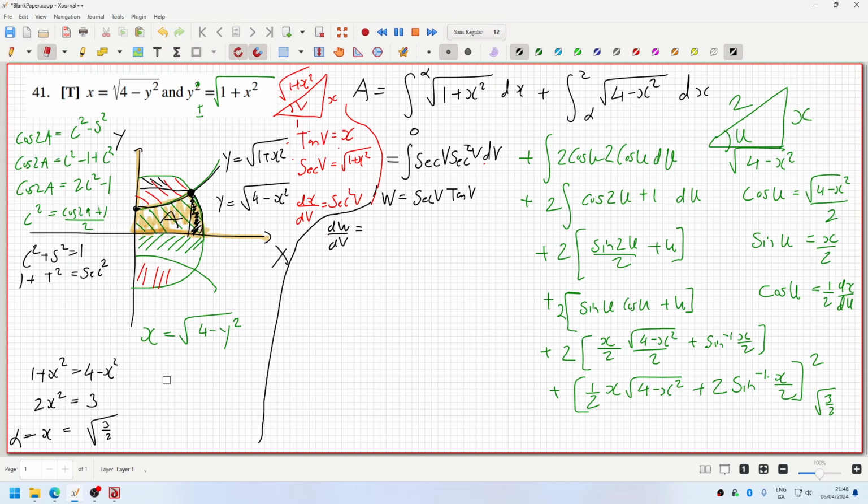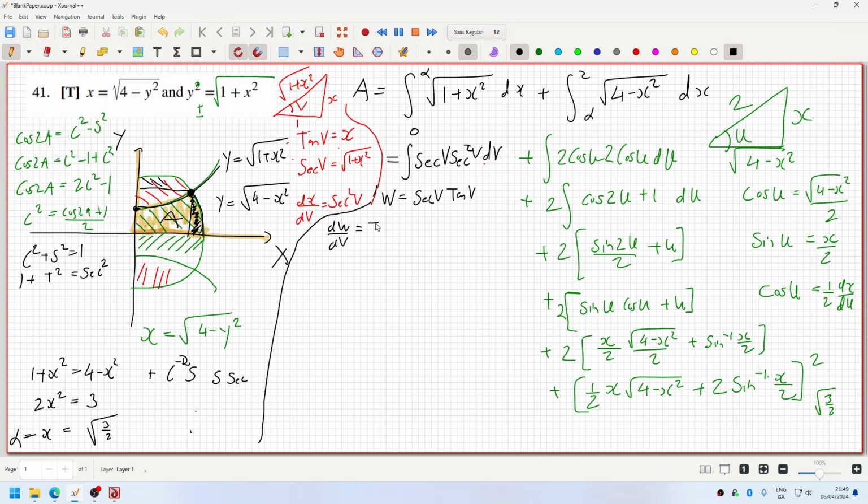Sec is 1 over cos, cos to the -1. So bring down the power, reduce the power by 1, and then multiply by sine. So that's sine over cos squared. So that's sine and secant squared, huh? Or if you want to have tan in it, it's tan sec. That might be better. Yeah, tan sec.